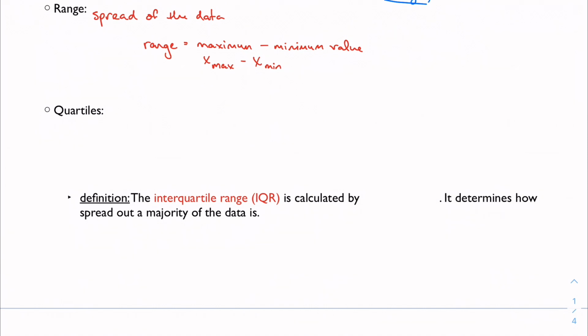The quartiles are a more specific version of range, I guess would be the best way to say it, and there are actually 5, despite the prefix implying 4. There are actually 5 values that we want to talk about here. We have the minimum, the first quartile, the median, the third quartile, and the maximum.